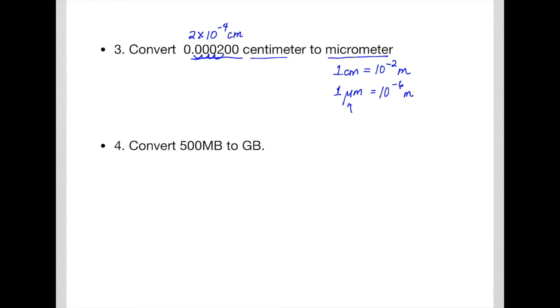So let's now solve. We have 2 times 10 raised to negative 4 centimeter times, then the divide sign. So therefore we have here 1 centimeter at the bottom, and then 10 raised to negative 2 meter. And then cancel the unit.